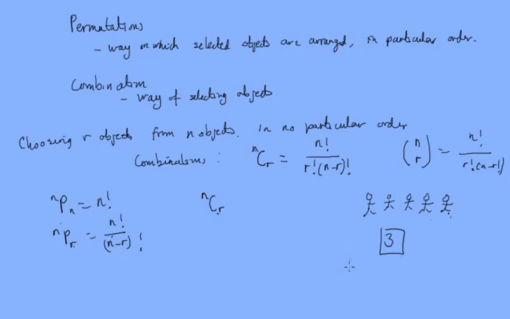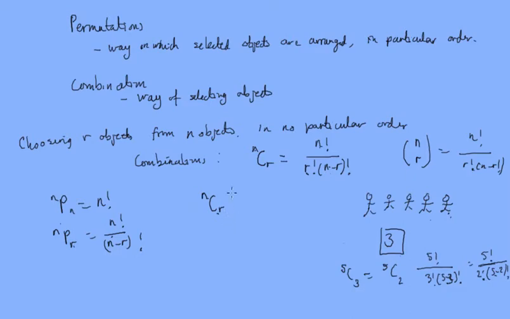So 5 choose 3, or 5 choose 2, are going to be the same. 5 factorial over 3 factorial, 5 minus 3 is 2 factorial, is the same as 5 factorial over 2 factorial, 3 factorial, and you end up with the same thing.